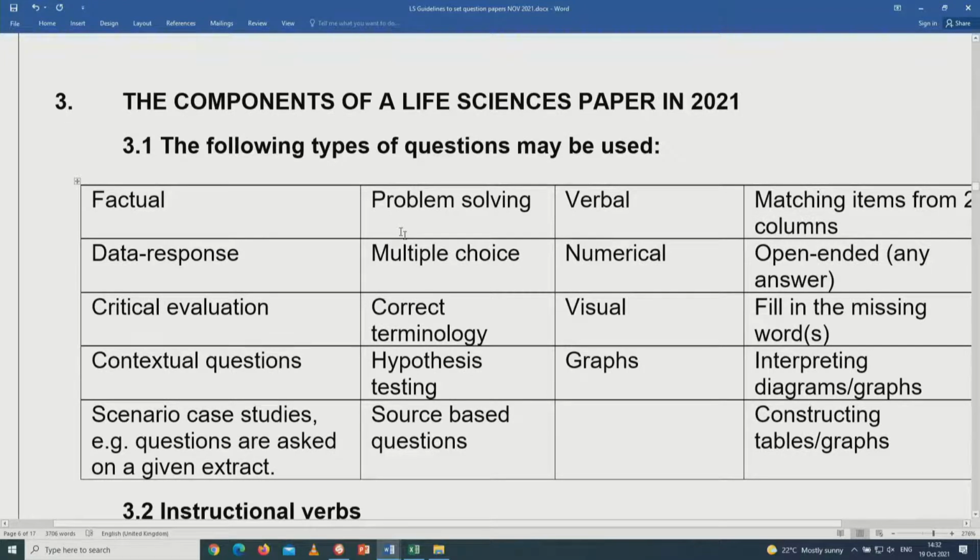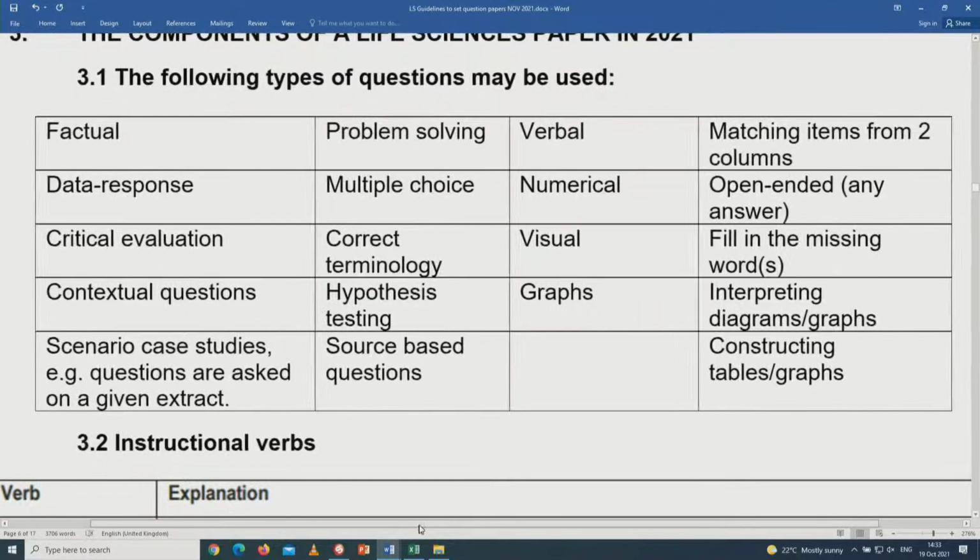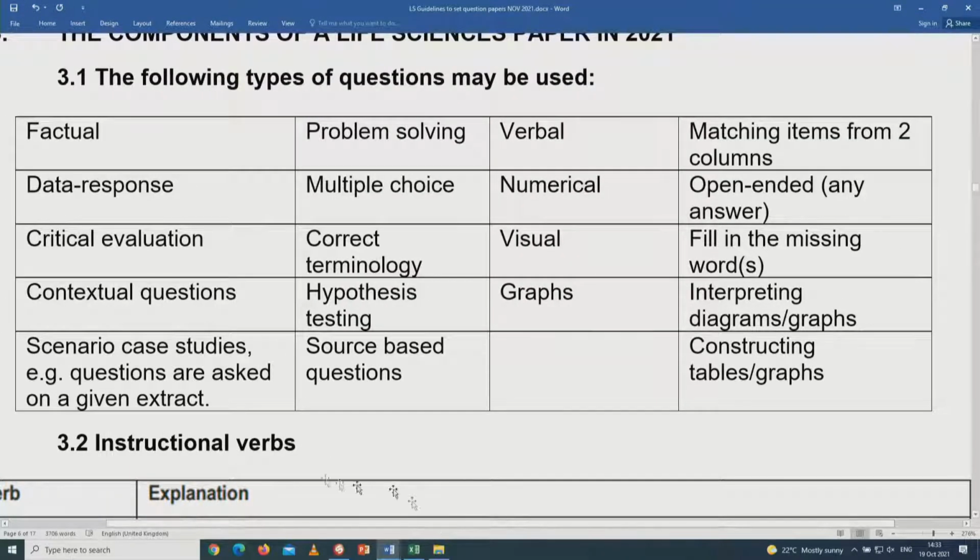Now, the components of a life sciences paper. There are just a few ideas, and I'm not going to spend a lot of time on this. You can refer to that when you start setting, and I'm not going to explain all of them, but these are the types of questions that you can make use of.